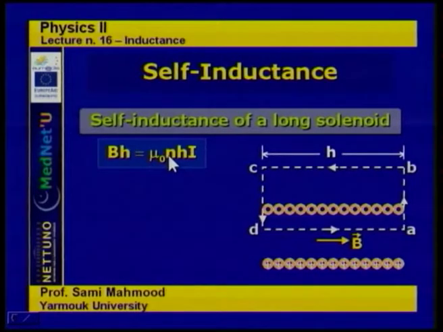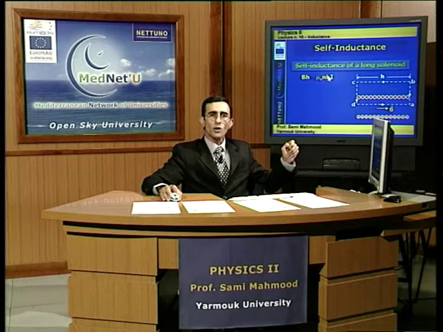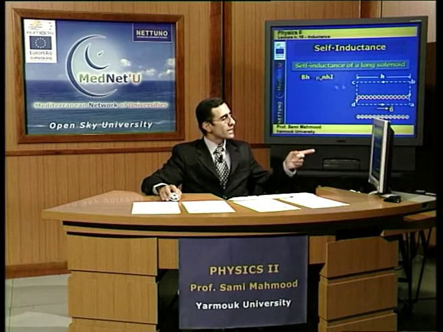I is equal to the number of turns per unit length times the length itself, so that gives the number of turns inside the loop, times the current I in each loop, because in each one winding the current that is flowing is equal to capital I. So we multiply by the total number of windings inside this Amperian loop, and we get the total current.